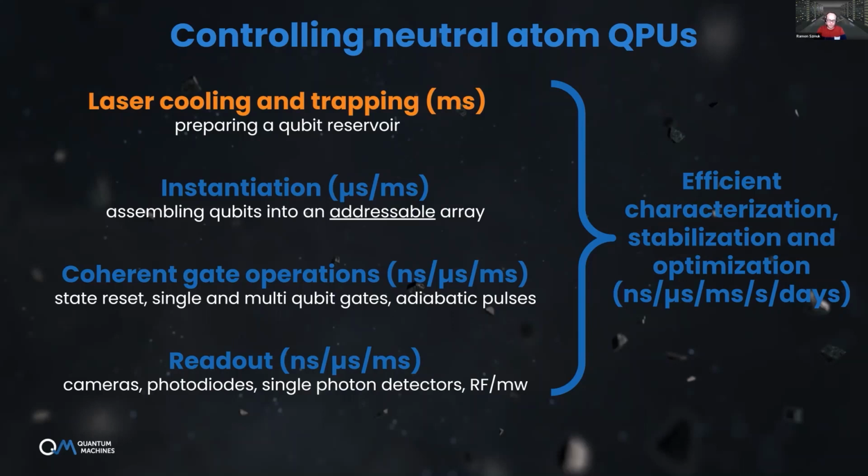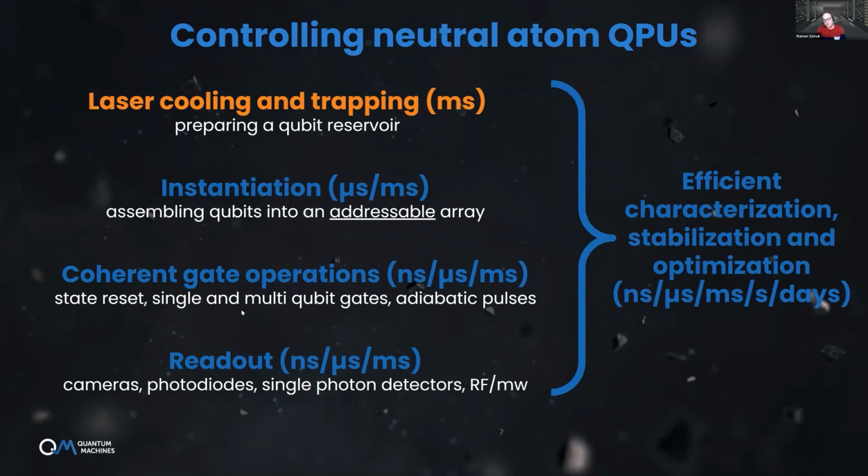You need to take care of crosstalk between adjacent atoms. This is a challenge, and it requires a control system that is able to maintain phase and timing and stability across many gate operations. And then at the end, you need to perform readout.